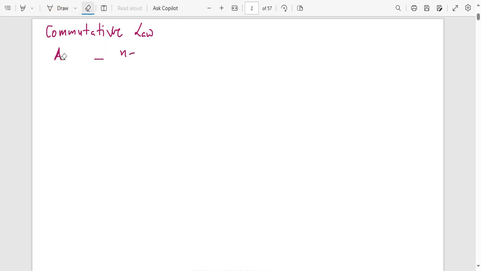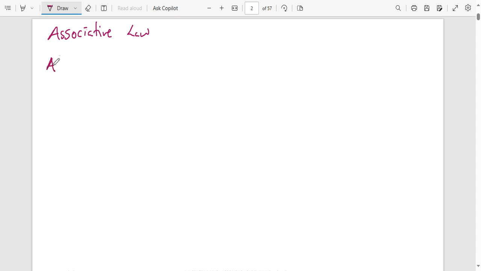Okay. So what we need to verify next, let's start with the law of associativity, or the associative law. Now we had already mentioned last time that for the associative law, it has got three components.